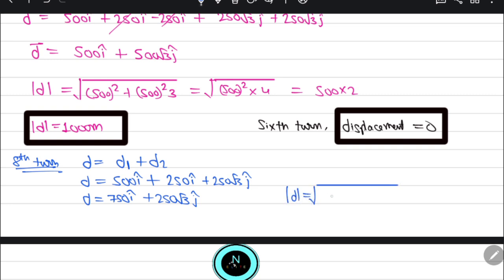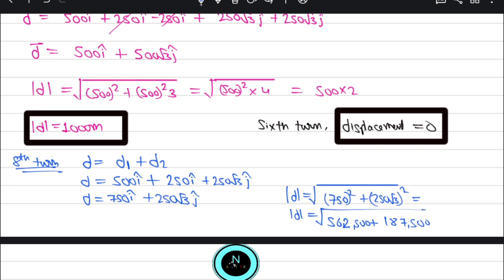Just find the magnitude of it: 750 squared plus (250 root 3) squared. 750 into 750 comes out to be 562,500, plus 250 into 250 multiplied by 3, which comes out to 187,500. Then you add 562,500, and the result comes out to be roughly 866 meter.